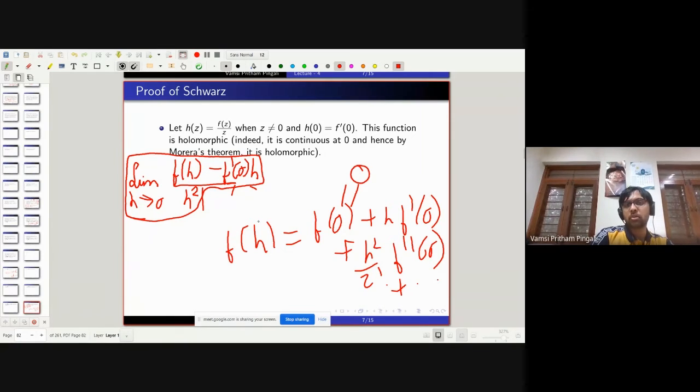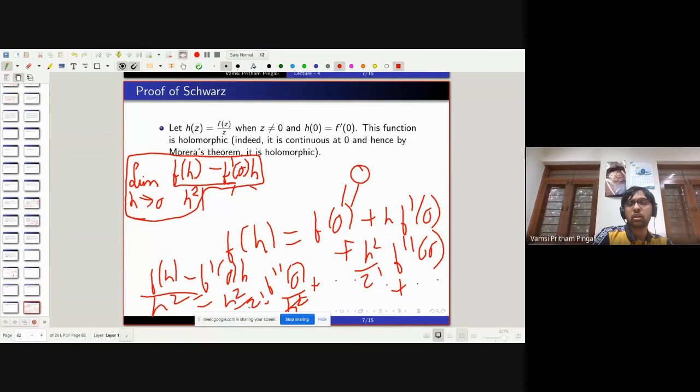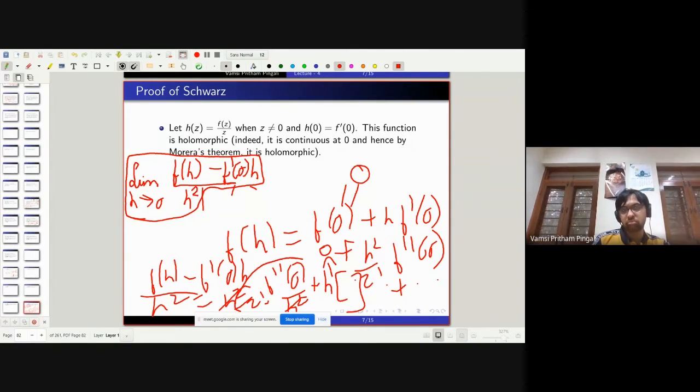So if I substitute this here, f of h minus f prime 0 times h is h squared by 2 factorial f double prime 0 plus blah, blah, blah, and then you divide by h squared. And then these two get cancelled and everything else has an h times something. So this goes to 0. And this is f double prime by 2.